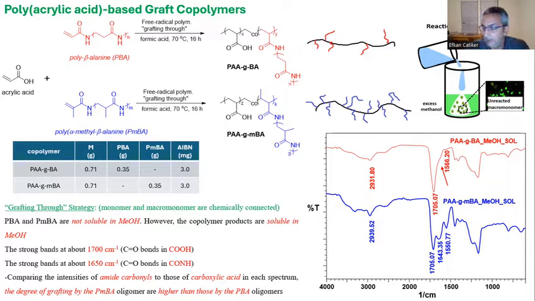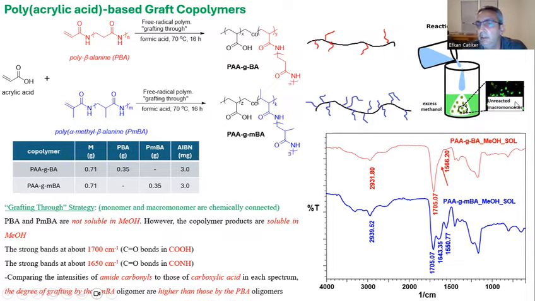After making sure that we have macromonomers for further polymerization through the grafting-through approach, we used acrylic acid as monomer and these two macromonomers to obtain branches. After overnight polymerization, we got viscous solutions, and after pouring the reaction mixture into excess methanol, some precipitation occurred.